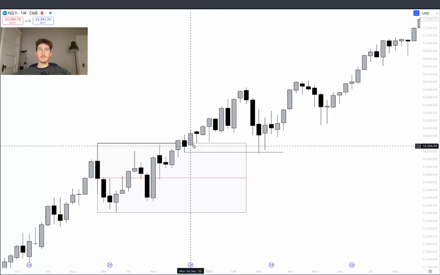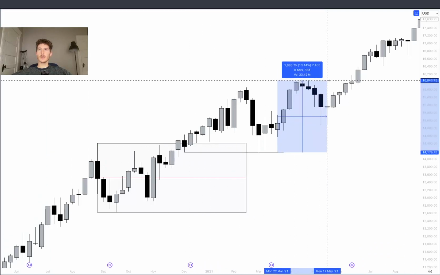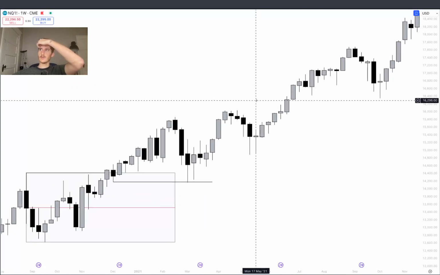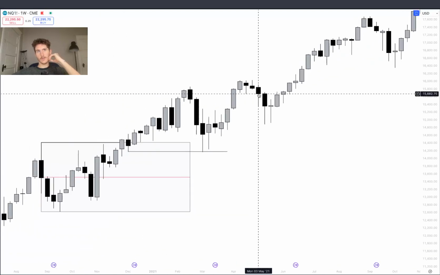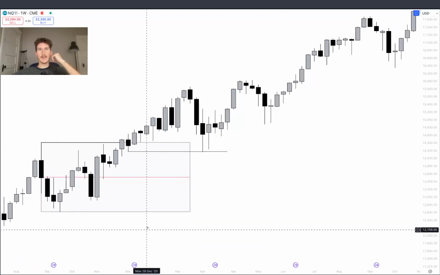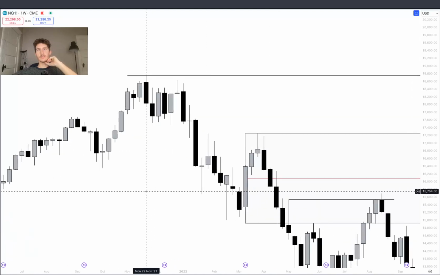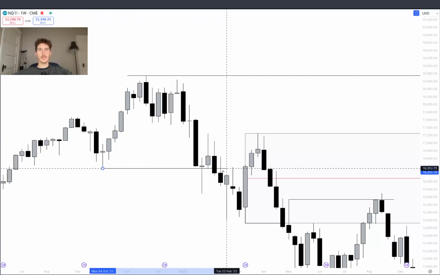We touch in, we go out, we touch in just below this and sweep it out, and then we continue higher. So the low tap back is a really reliable tool if you know how to trade it and if you're on the right side of the market, if the market is remaining in the trend of the tap back. If it's not, then I don't like it nearly as much.